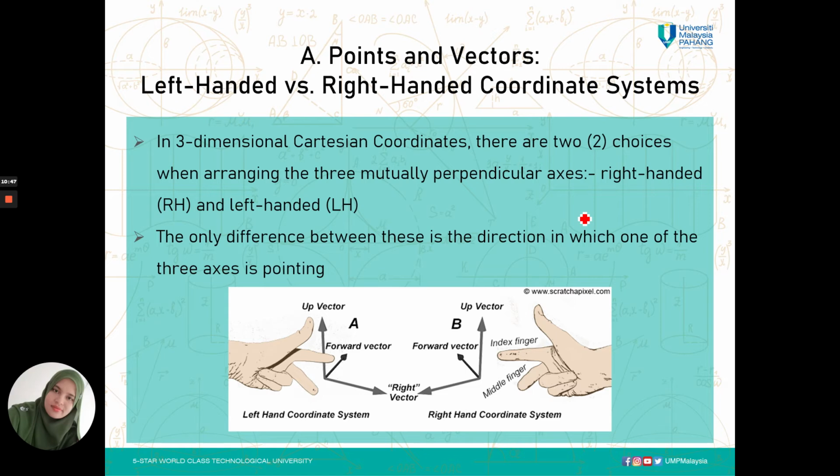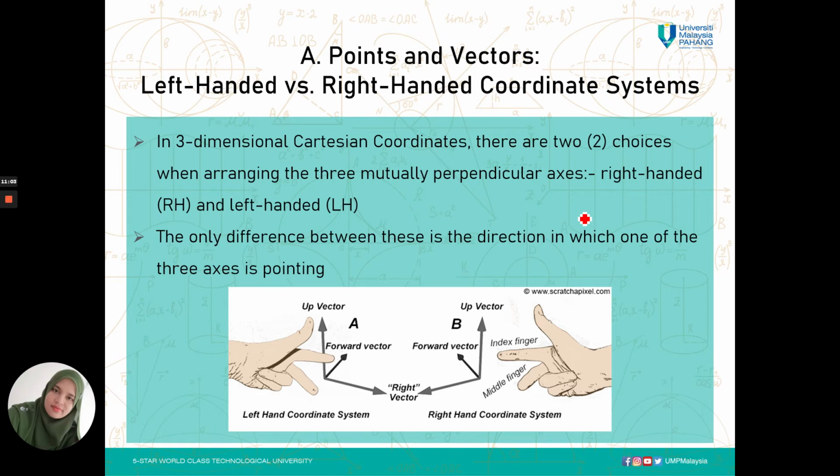Remember what I asked you earlier regarding how you want to identify whether it is forward, backward, downward, upward, or left and right. So here is where the left-handed and right-handed coordinate systems come in.